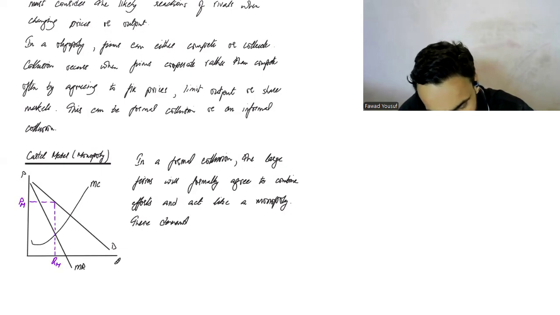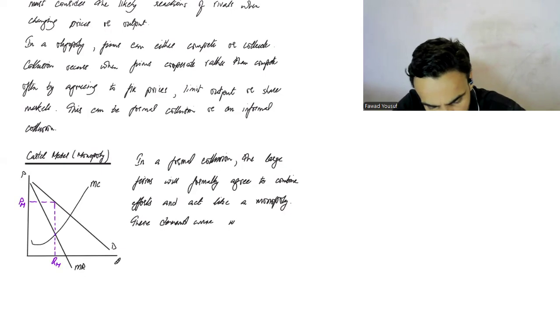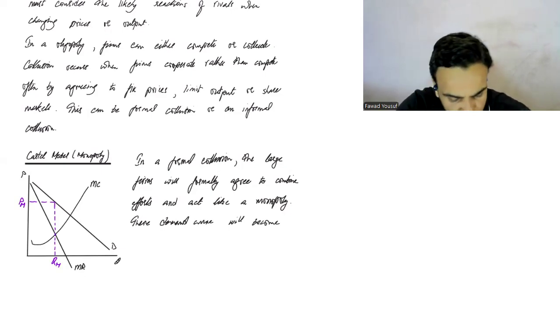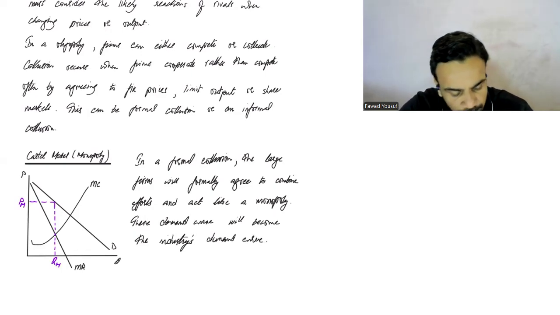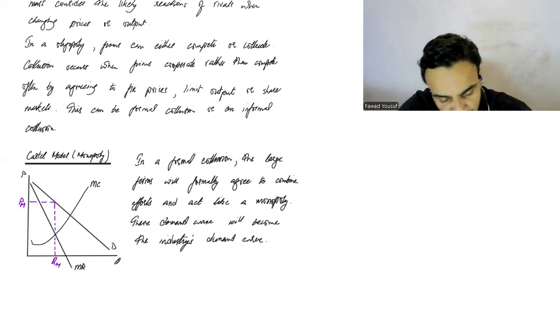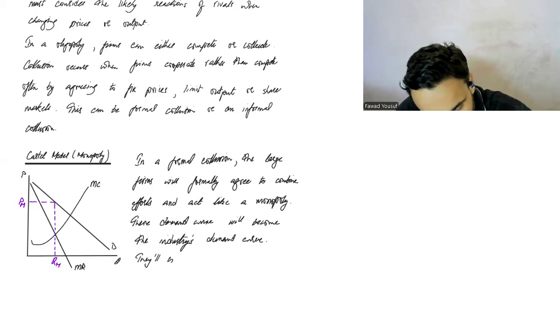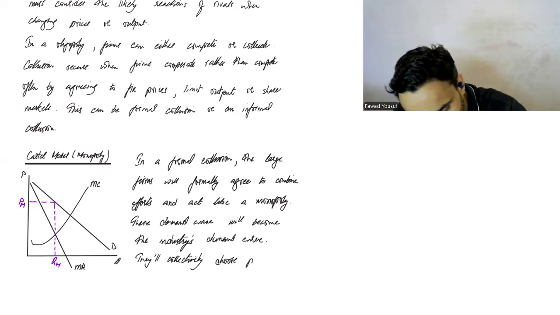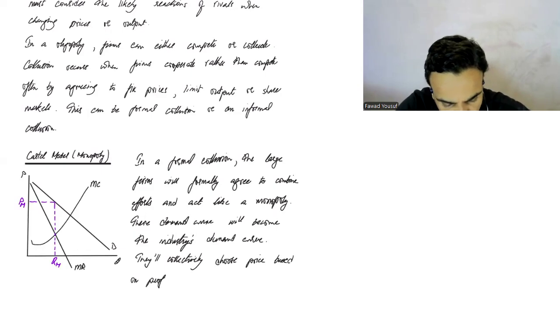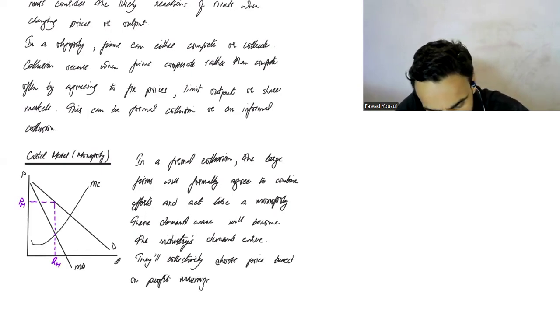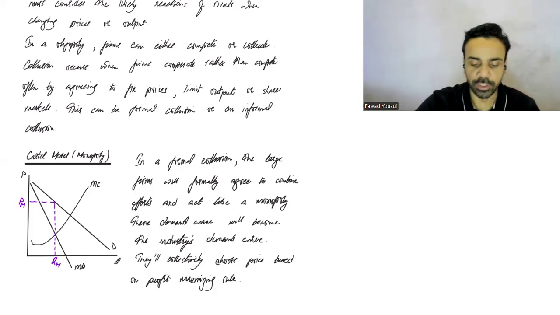Their demand curve will become the industry's demand curve. उसके बाद they'll collectively choose price based on profit maximizing rule. ठीक है, so this is sort of like how they're going to do it. ये cartel model के अंदर है.